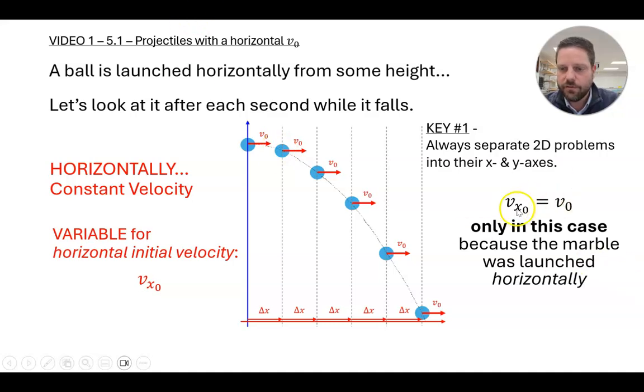We could call vx naught the entire initial velocity. So whatever velocity I push it with, if we launch it with a speed of 5, then that's vx naught. It's the horizontal velocity of 5 the entire time. That's only in this case because the initial velocity of 5 was directed horizontally. This should make more sense once we look at some examples where it's not the same.